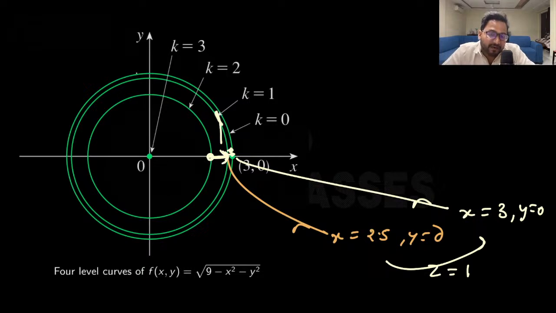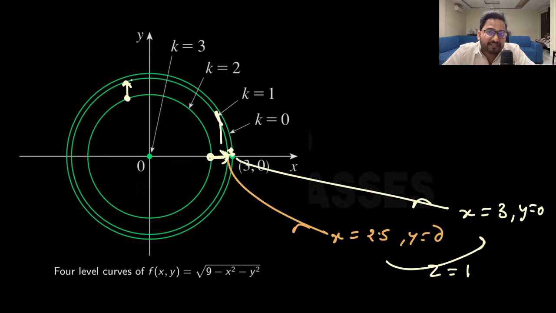See, we are keeping it equally spaced just to see, if I want to go from here to here, how much effort I need to make to get the same change. The k values are equally spaced in the sense that we have taken numbers 0, 1, 2, 3 like this only, so we can compare these three. Given these three curves, you can compare one thing for sure: going from here to here is too much effort, too much change in y, just to get a change of 1 in z.